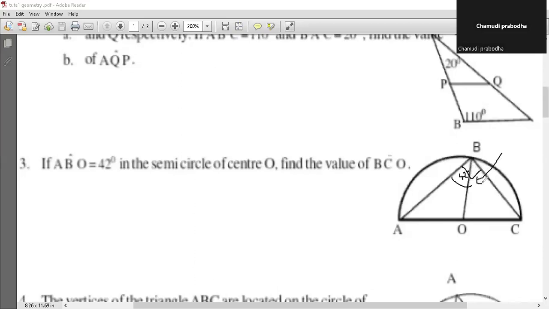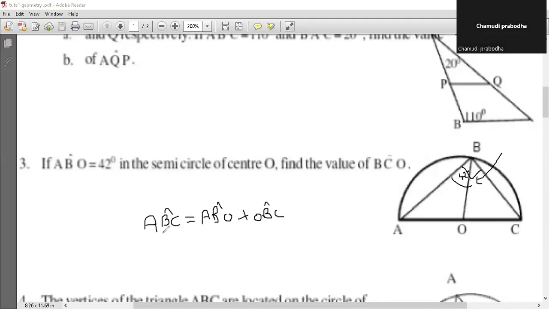Then angle ABC forms when adding ABO plus OBC. ABC equals ABO plus OBC.